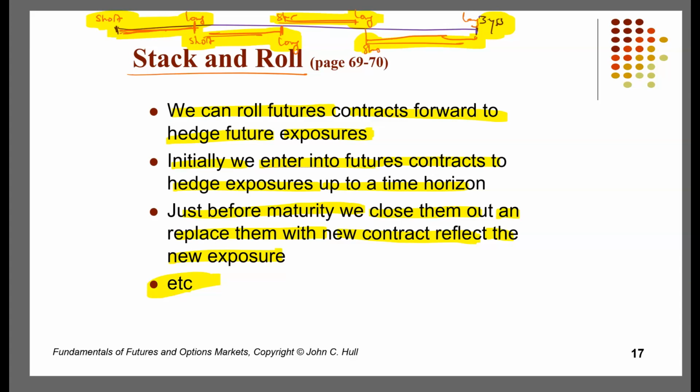Now, working with the stack and roll might be tricky because the longer the maturity of the overall hedge, the more uncertain those future prices become. Now, you remember that whenever you're working with a short hedge, at every single point here, you will have to close the position, right?